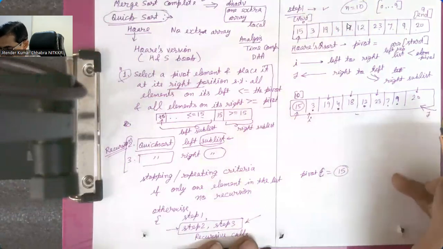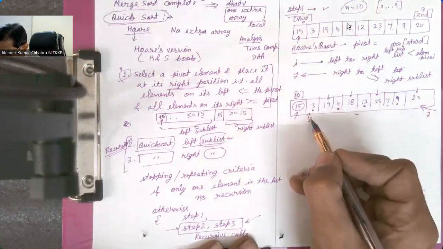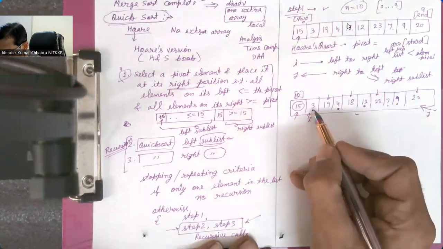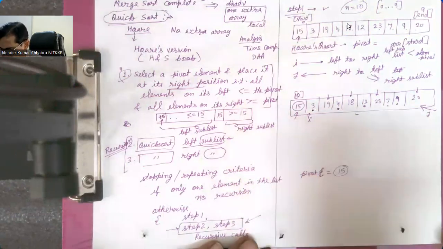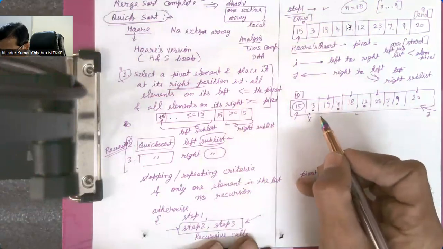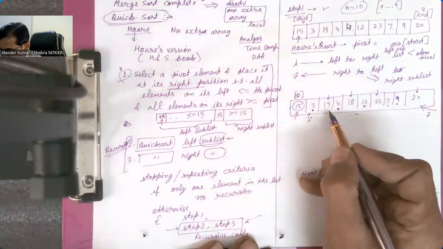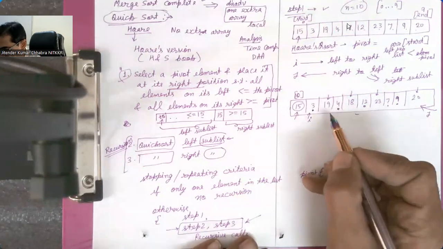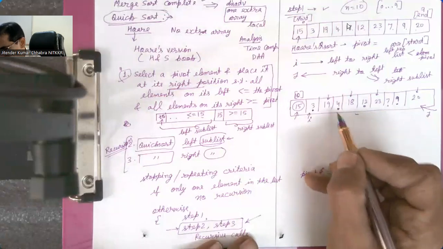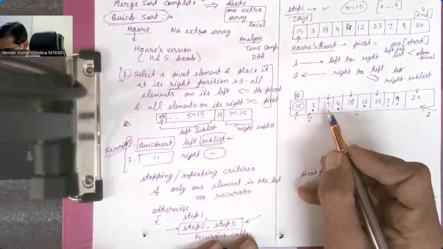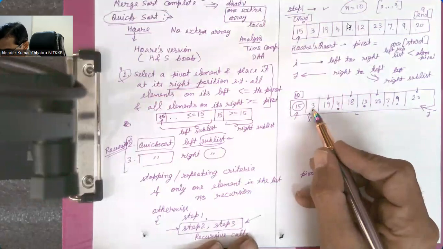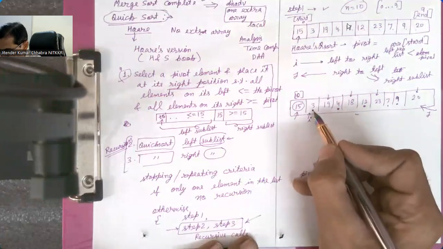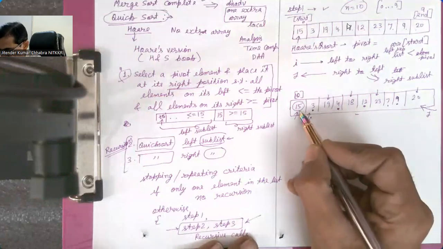They will be having bigger values. So I say I will start I from this side. If the value is smaller, increment I because the value is correct. My aim is to find I to reach a position where that element is bigger than this, which needs shifting. Maybe equal also. So equal also I will shift, but yes, equality we will talk a bit later. So I say, as long as the value is smaller, I'm going to keep it here with the I list. And so I is here, I comes here, 3 is smaller than 15, go ahead.